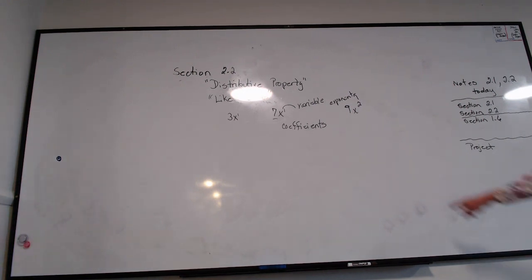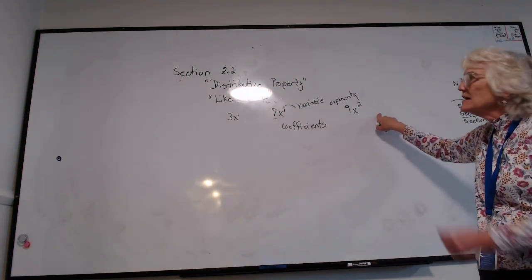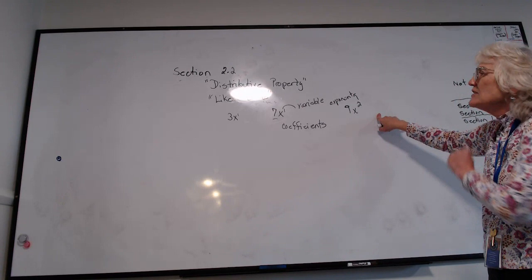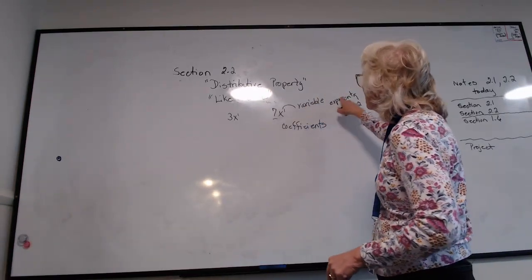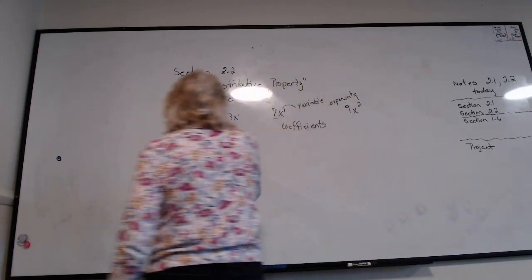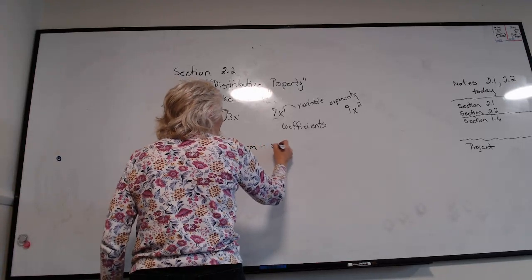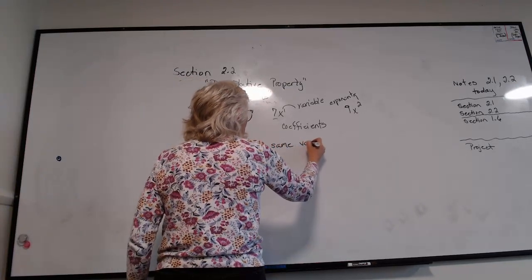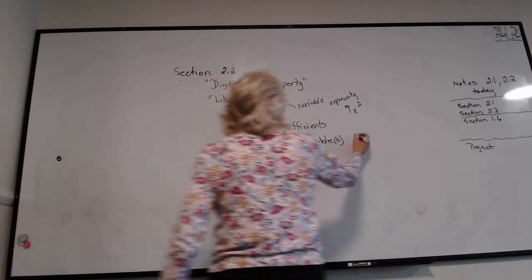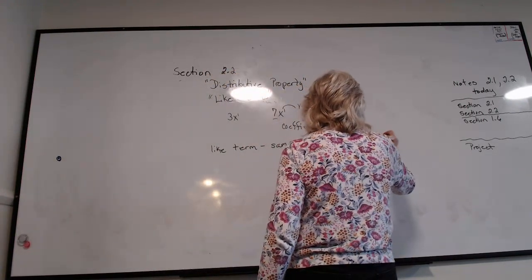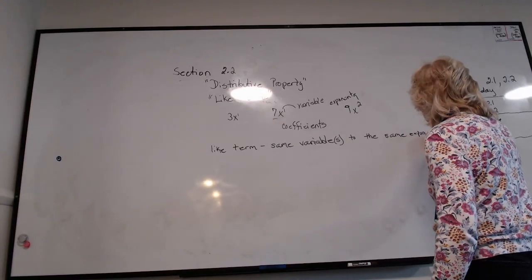We start when we get to x squared, which means x times x, okay? So in a like term, they have to have the same variable to the same exponent. So a like term has the same variable, or sometimes variables, to the same exponent, or exponents.